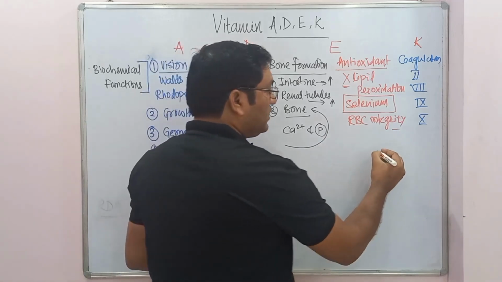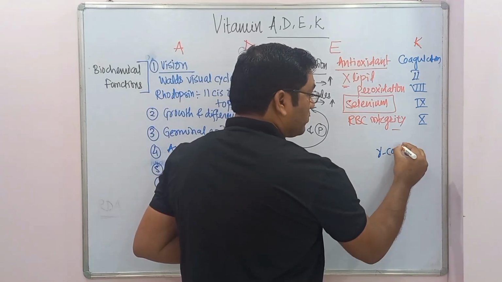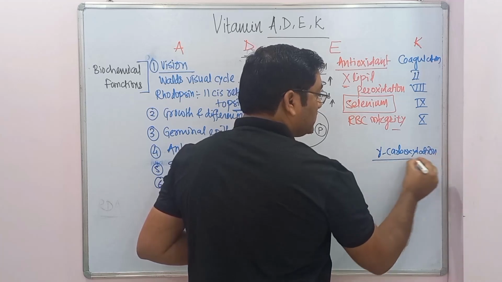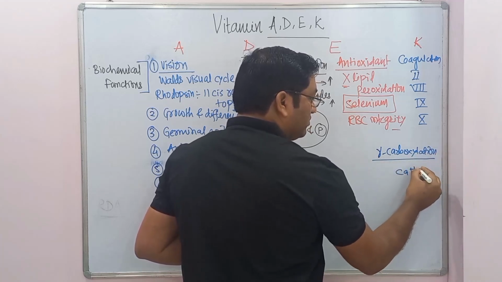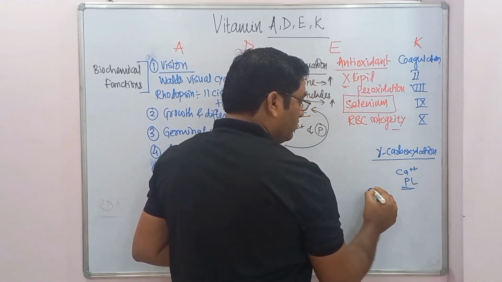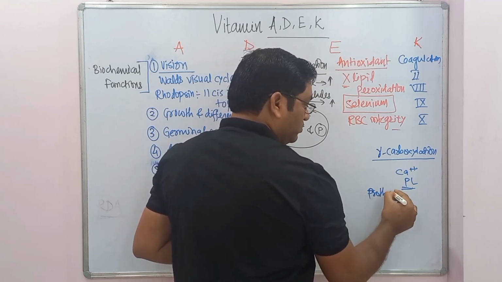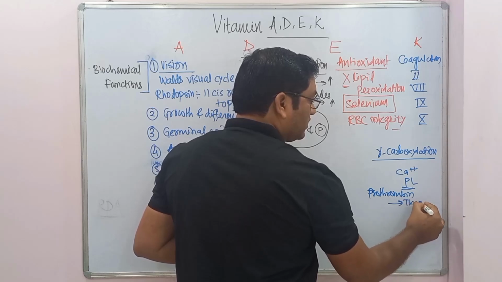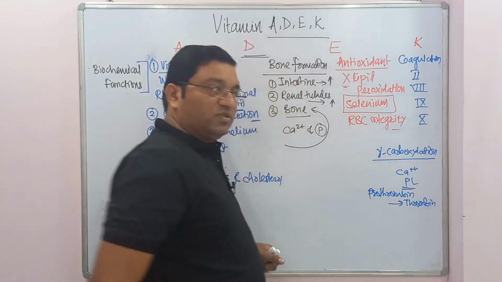So it is important in gamma carboxylation of clotting factors. By the gamma carboxylation, it reacts with calcium and phospholipid and converts prothrombin into thrombin. So it is important in the coagulation process.